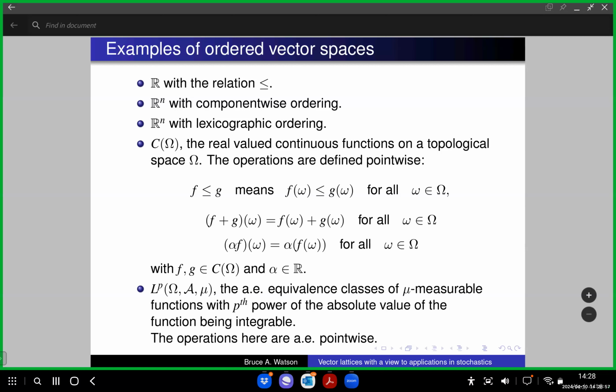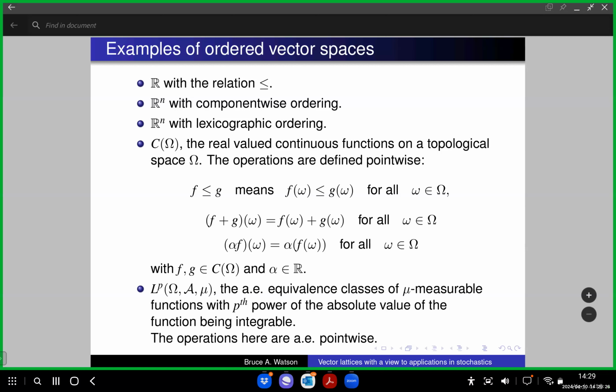And we take the algebraic operations to be defined pointwise. So f plus g acting on little omega is f of omega plus g of omega, and alpha f evaluated at omega is alpha times f evaluated at omega. With these operations, C of Omega is an ordered vector space.